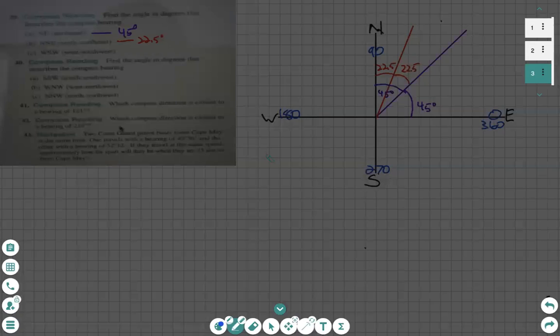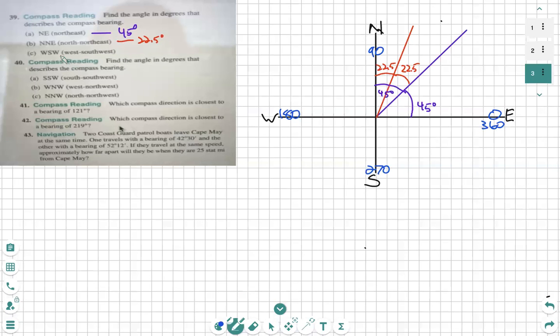Okay. Next, we're going to go west-southwest. So first we know this is southwest, which is going to be perfectly 45 degrees inside of that. Then we want to go west-southwest, which is going to be between west and southwest.